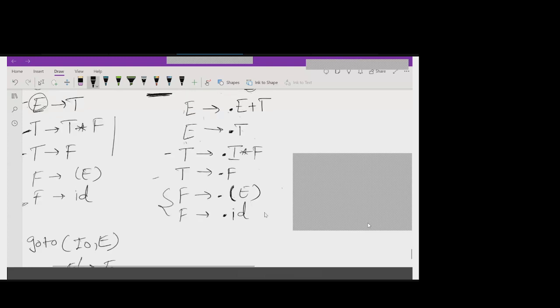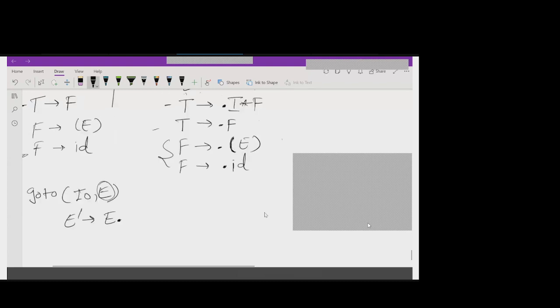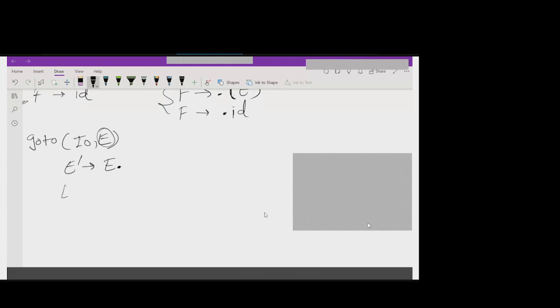So और कौन से E और कौन सी जगह पे है? सो ये सेकंड प्रोडक्शन में भी E, ठीक है? सो यहाँ पे भी आप करोगे E गिव्स E डॉट प्लस T. पता चल रहा है?